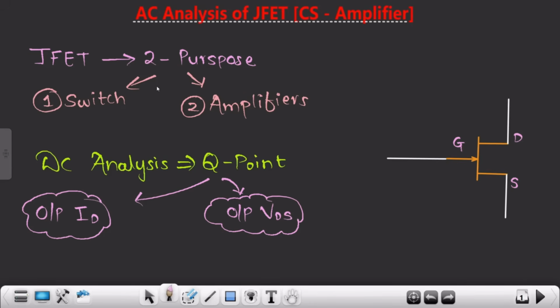Then we saw that the H parameter was significant over all of those, and we used H modeling of the bipolar junction transistor. Then we also saw T modeling, and at the end I told you that the pi model is much more significant when it comes to high frequency analysis. So we saw three modeling techniques of the bipolar junction transistor.